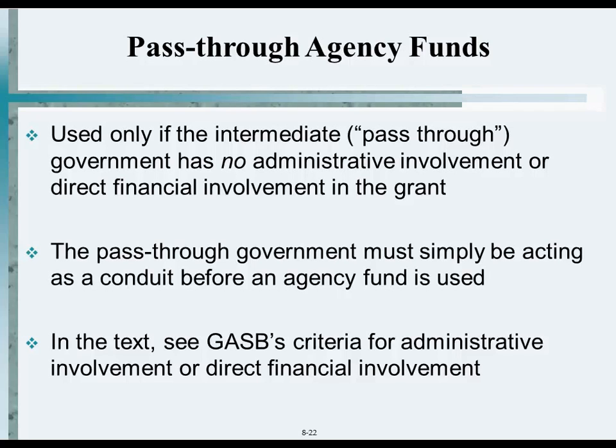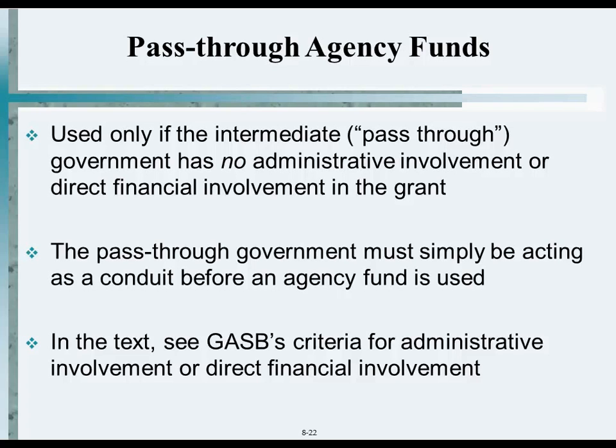So now you say, how does the agency fund get involved in here? Well, this is what happens. If you were the state of New Jersey and you had a grant that came, and I'm just making this up, for local towns down the shore to rebuild their boardwalk, and the federal government gave you $10 million to give to some of the towns at the shore.